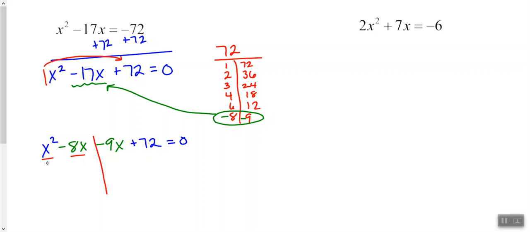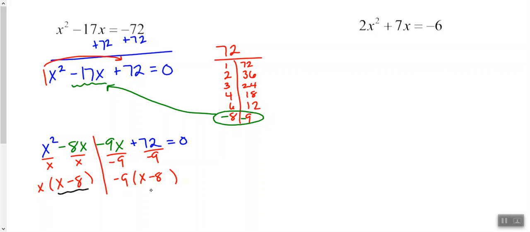GCF of the first two is x. Take an x outside the parentheses, and we're left over with x minus 8. GCF of the second two is negative 9, because remember that first term is negative. And so negative 9 goes to the outside, and we are left with x minus 8.